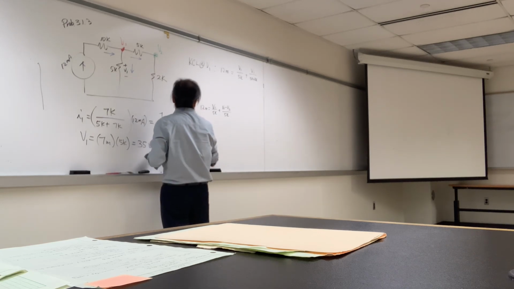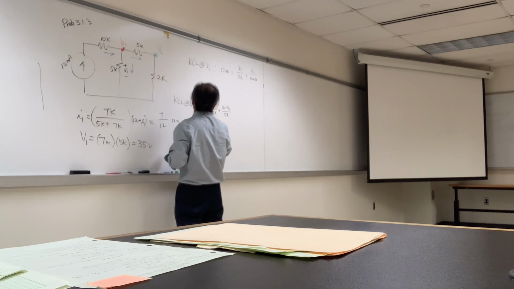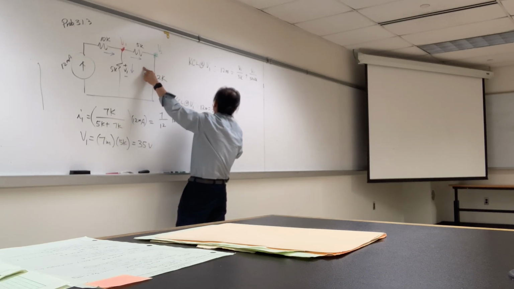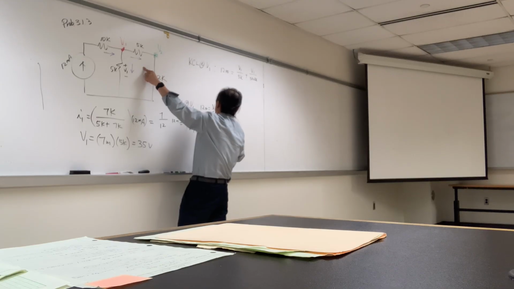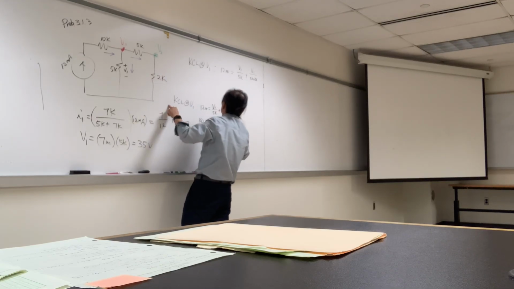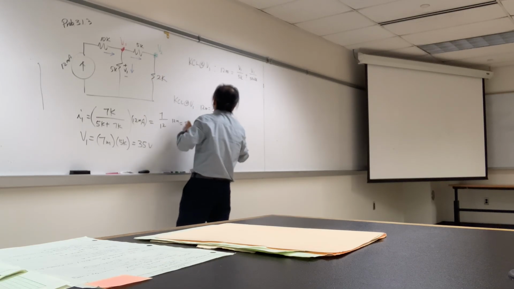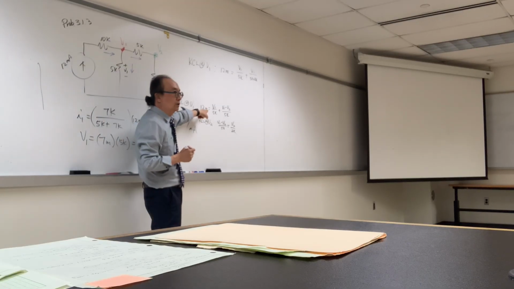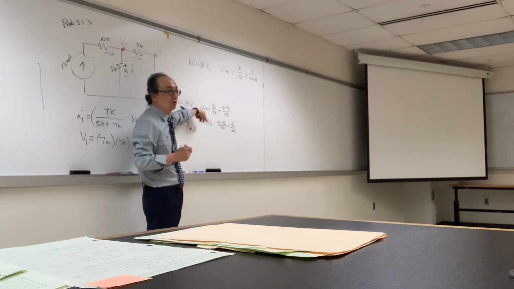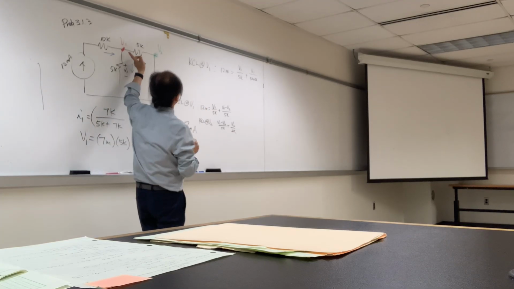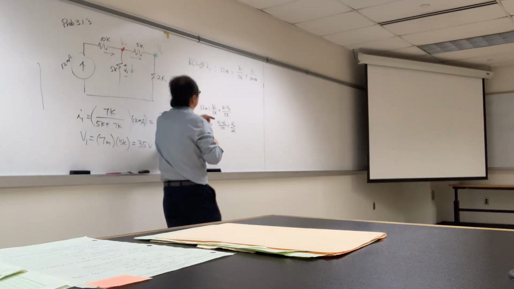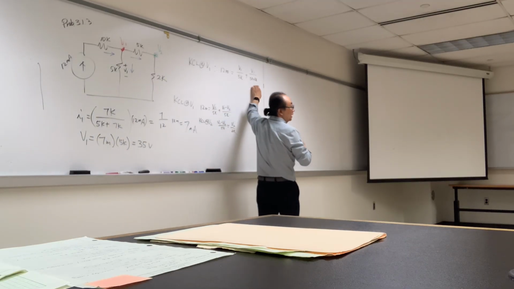And also KCL at V2: entering V1 minus V2 over 5K equals leaving V2 over 2K. If you have two unknown nodes, definitely you're going to have two equations and two unknowns. If not, since these are in series, you want to combine these two as 5K plus 2K, we can do that.